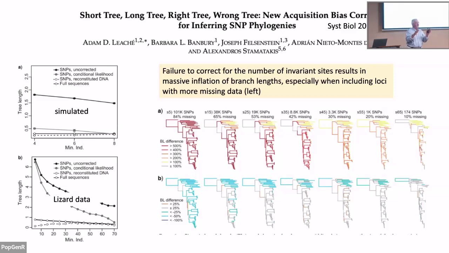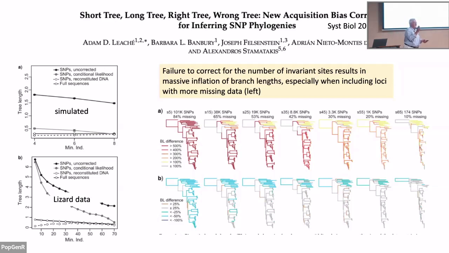So I just said that for topology, you can have a lot of missing data, and in fact, not filtering that might even improve your phylogeny. But again, this simulation study by Adam Leaché found that the more you filter out the missing data, the better.